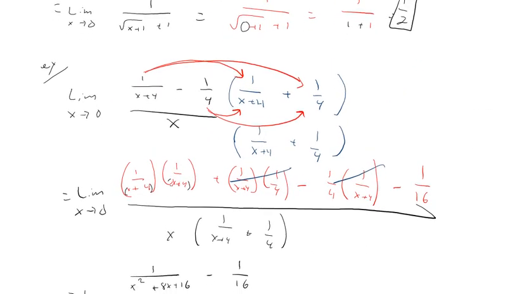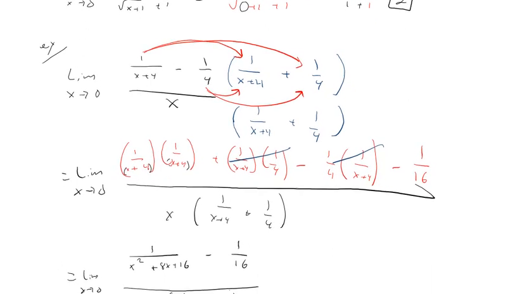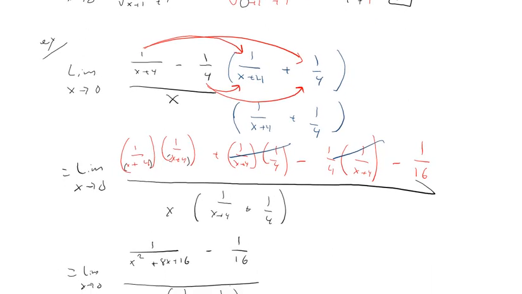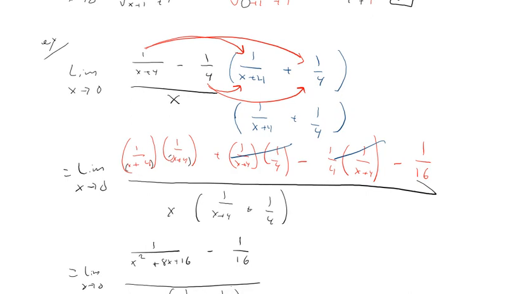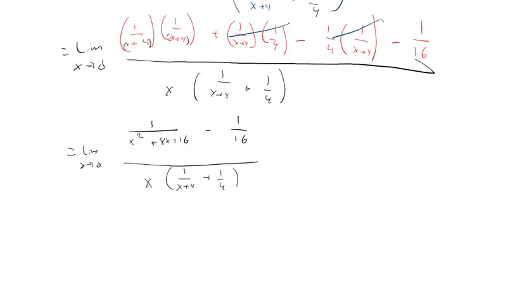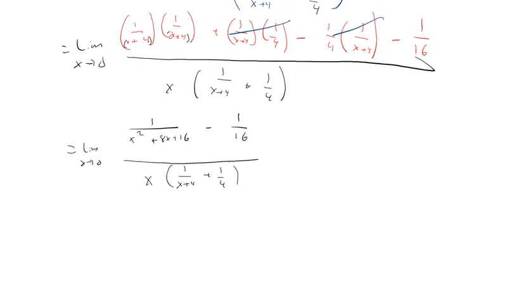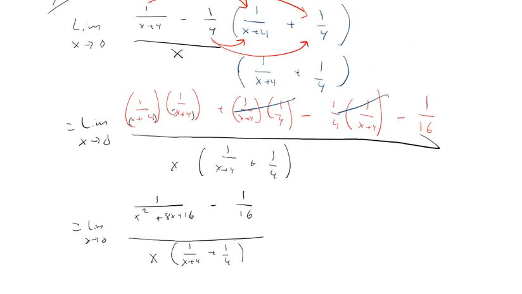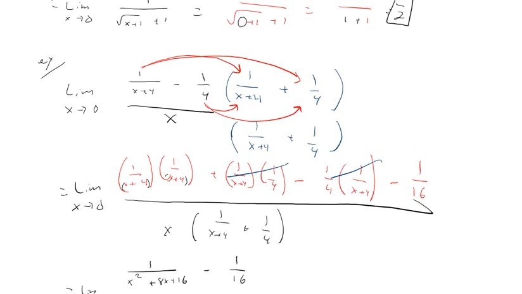I made this really much harder than it had to be. I think there's an easier way to do this from the very beginning. So this conjugate thing, I think, is a mistake, because this is going to be very complicated.